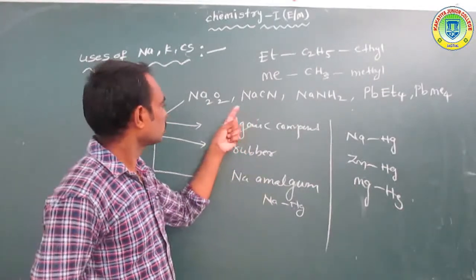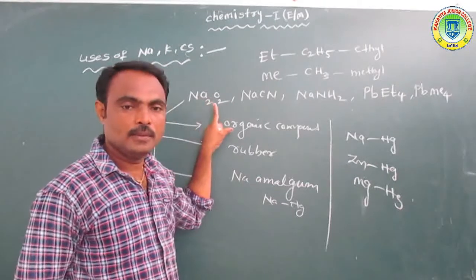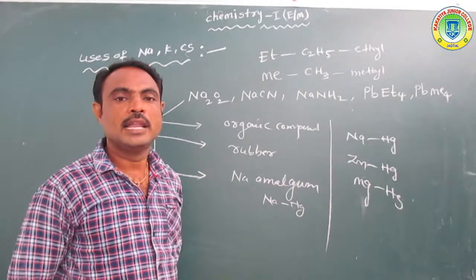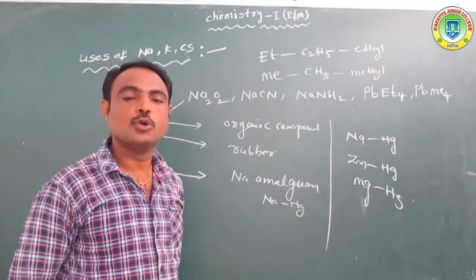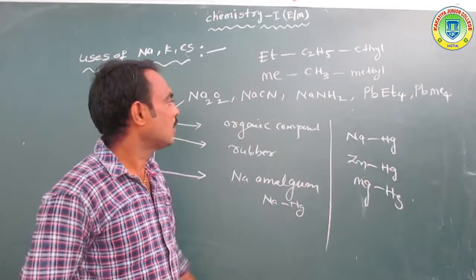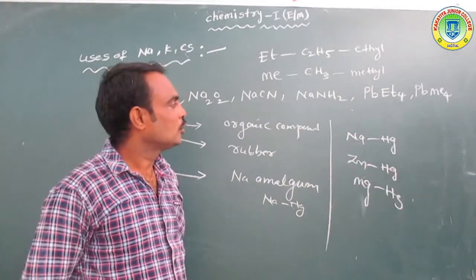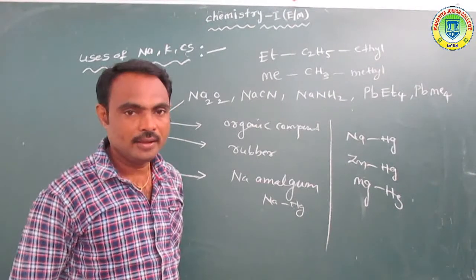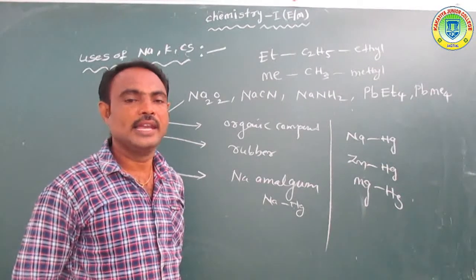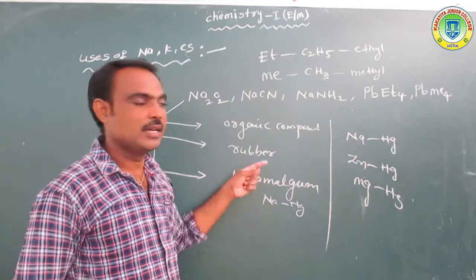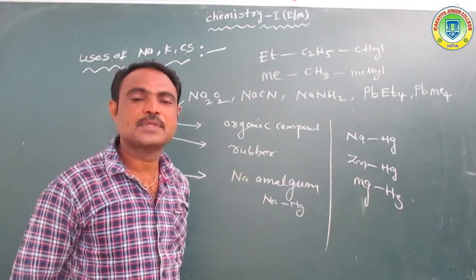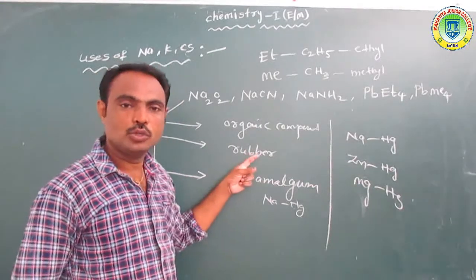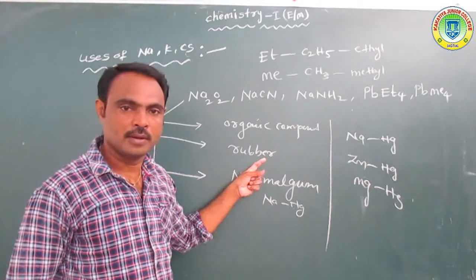Listen, number one, it is mainly used for the preparation of a number of compounds like sodium peroxide, sodium cyanide, sodamide, tetraethyl lead or tetramethyl lead. Next, it is used for different types of organic compounds. Next, for the preparation of rubber.